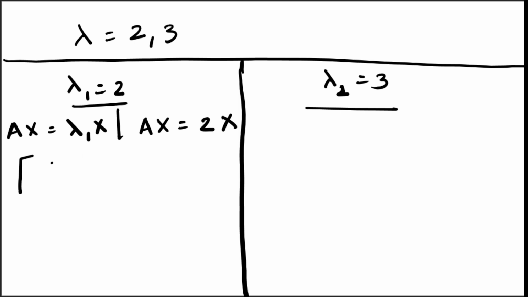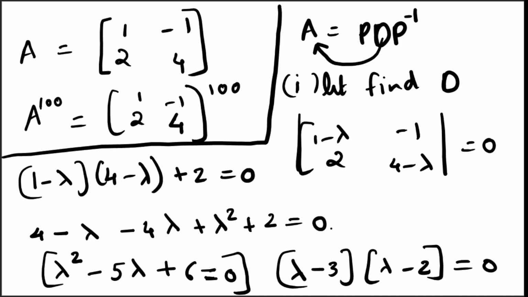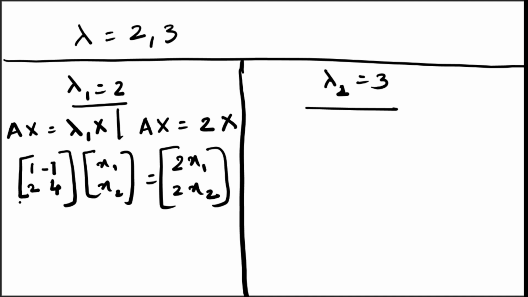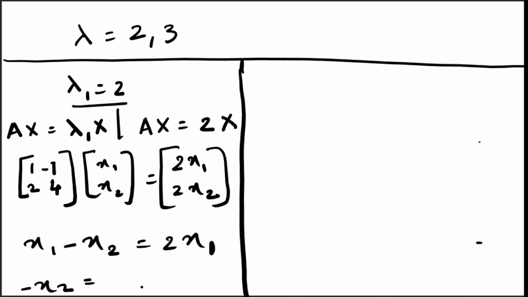A is 1, minus 1, 2, 4, and suppose x is x1, x2, equal to 2x1, 2x2. Then x1 minus x2 is equal to 2x1, so minus x2 is equal to x1, which implies x2 is equal to minus x1.